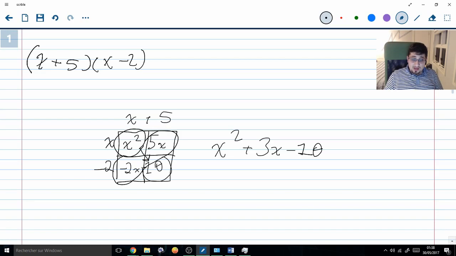And again, you have the exact same values being added to give you the exact same result. What's really neat about the grid method, though, is that unlike the FOIL one, it can be used for bigger, messier problems.